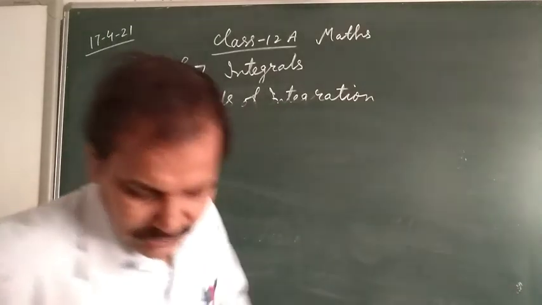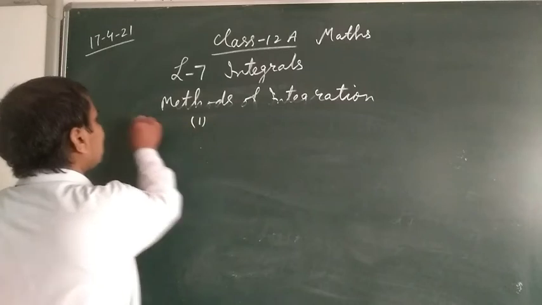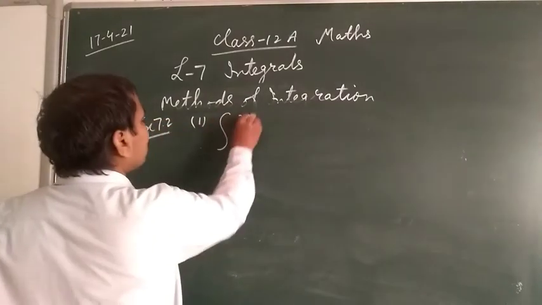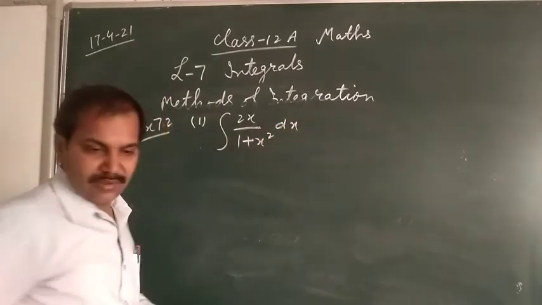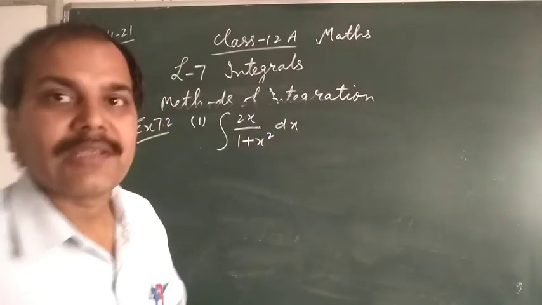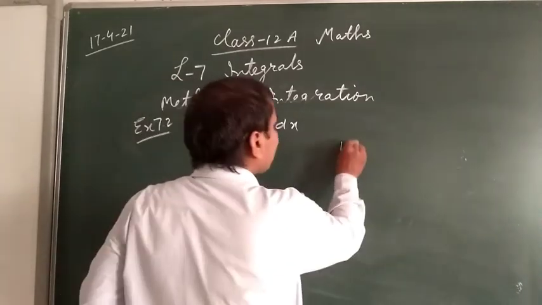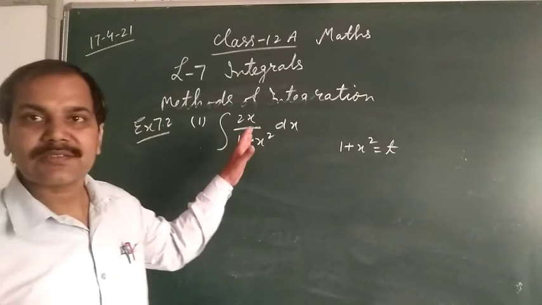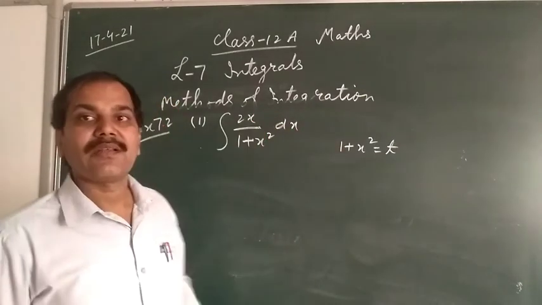So the first question is, Exercise 7.2, 2x upon 1 plus x square dx. Clear? So here what you will suppose is 1 plus x square. And why are we supposing 1 plus x square? Because in its differentiation 2x will come.